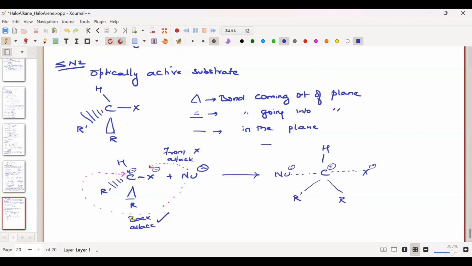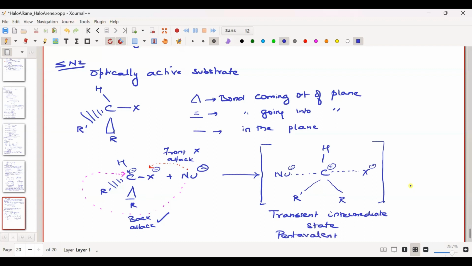Can carbon have 5 bonds? No, that is not possible. We call this a transient intermediate state, meaning very short lived. It is also known as a pentavalent state.